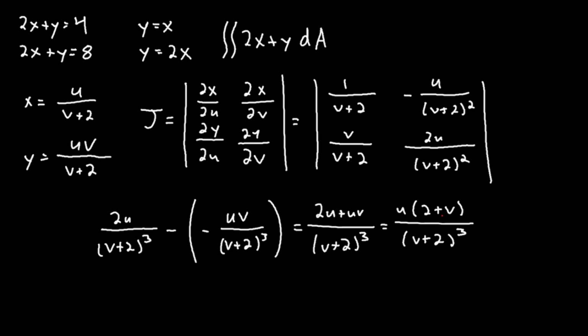And a factor of v plus 2 cancels out since these have the same function inside the parentheses. So you get u over v plus 2 squared as our Jacobian.